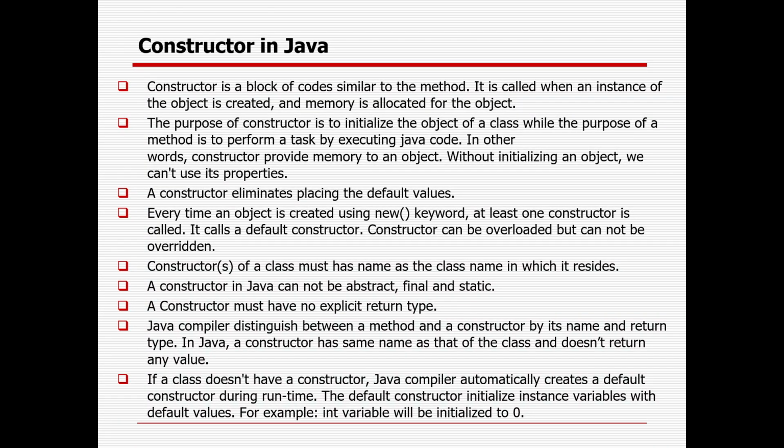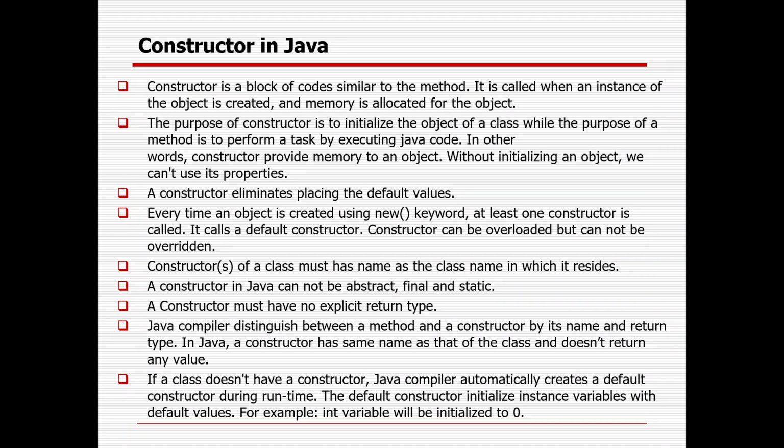Without initializing the object, we cannot use its properties. Every time an object is created using the new keyword (class name, object name, new, and the class name), at least one constructor is automatically called. It is called the default constructor. If you do not create a constructor, a default constructor will be created. A constructor can be overloaded but cannot be overridden. I will show you in the next session.